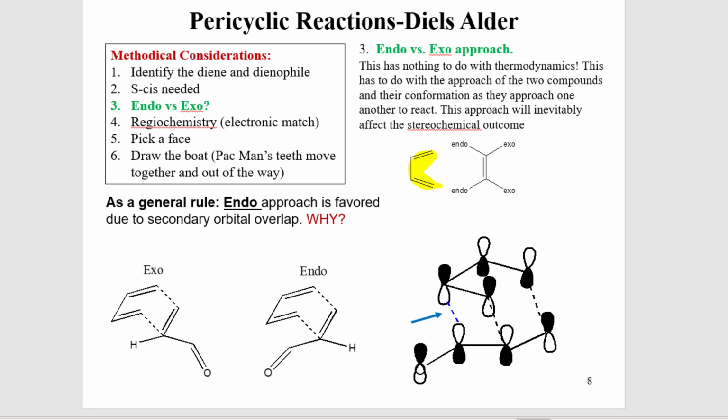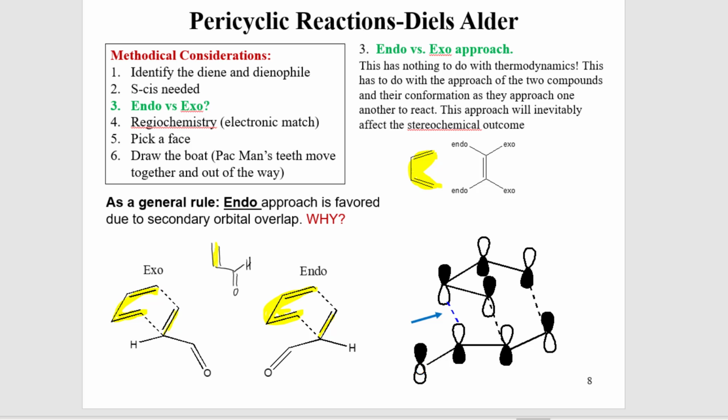Okay, so you can see the mouth of the diene. Here's the mouth. And here's the dienophile. Now, if you'll notice, the dienophile has a carbonyl off of it, this aldehyde.